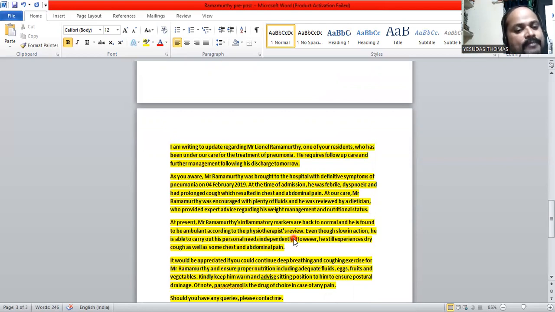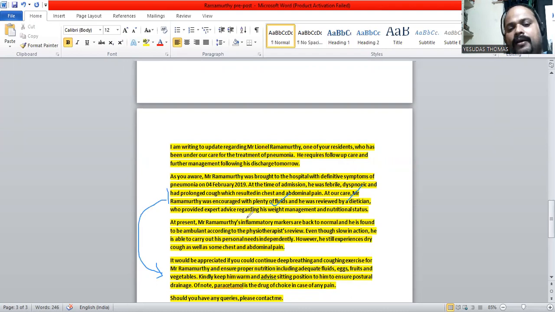Now we have to say this is the care that we have given. We have missed something, so we have added that in this paragraph. What we have done primarily is plenty of fluids, dietitian review, and expert advice.